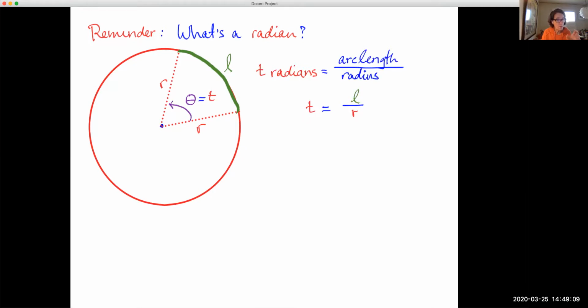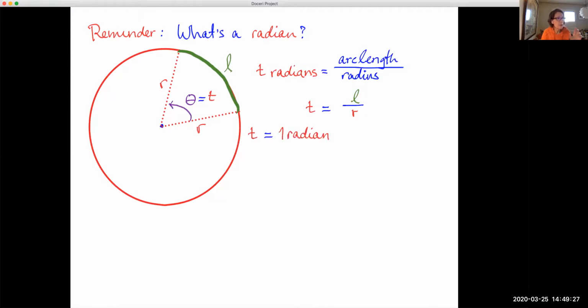So the measure of that angle in radians is always just the ratio of the length of the circle that it chops off divided by the radius. So that's how we define radian measure.